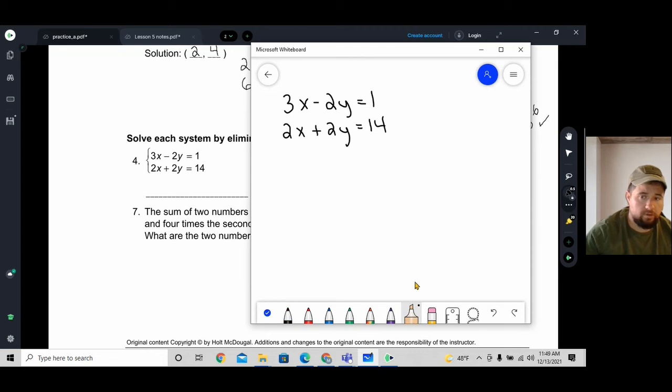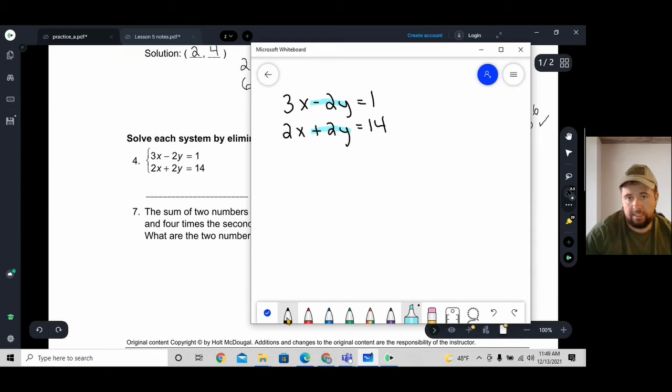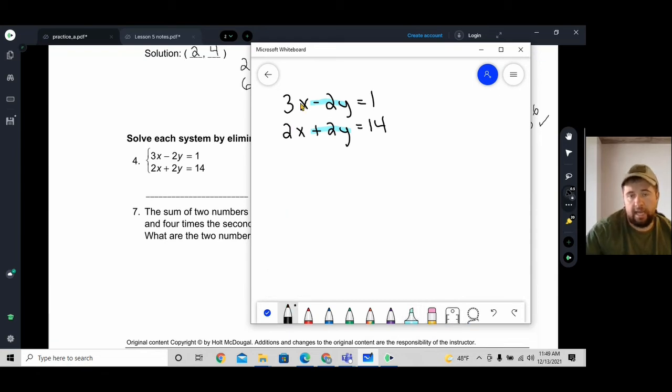Now, we should notice right here, negative 2y, positive 2y. These two things will cancel. So we're going to add these two equations.